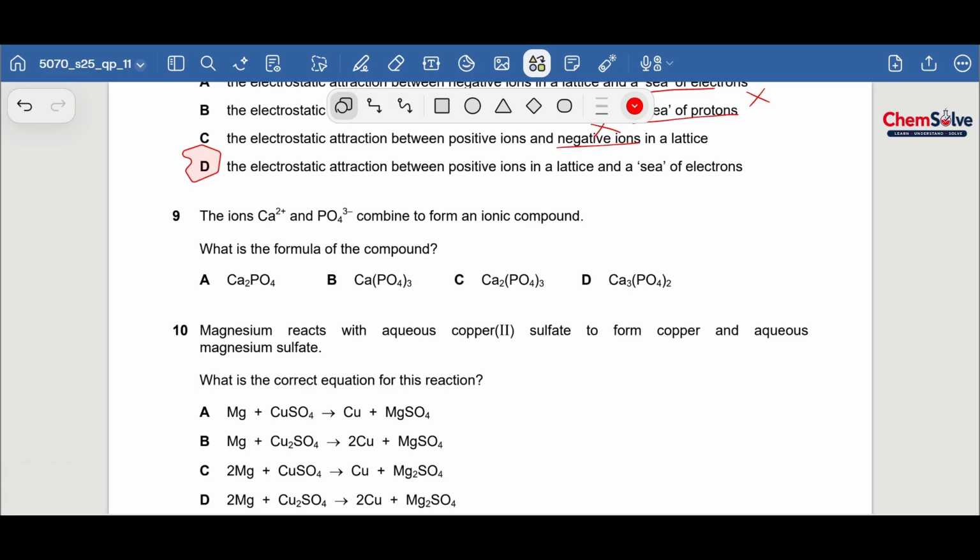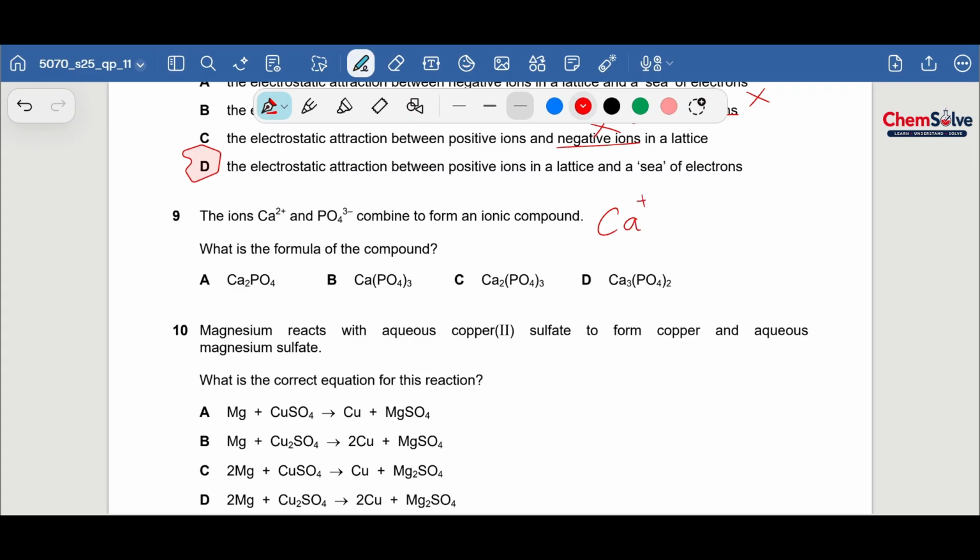Okay, ji. Next. The ions Ca positive 2 and PO4 negative 3 combine to form an ionic compound. What is the formula of the compound? Okay, this is a very easy question. We can easily solve it. So the first one is Ca positive 2 and PO4 minus 3.